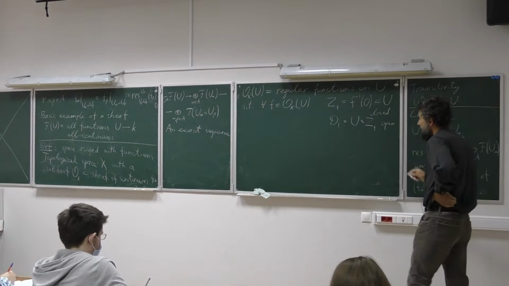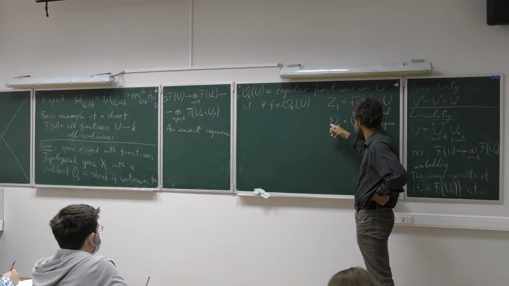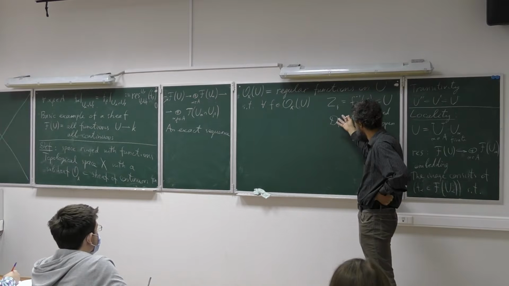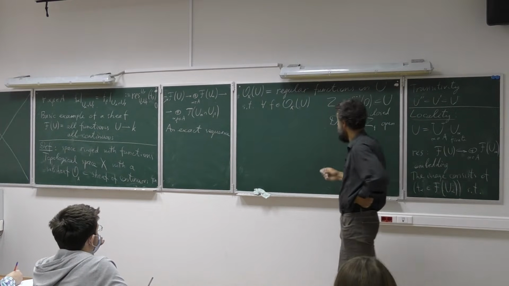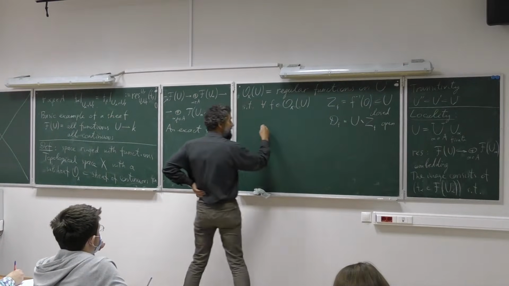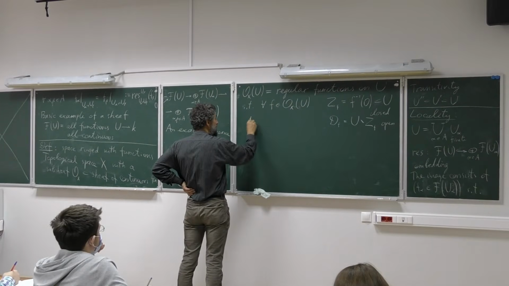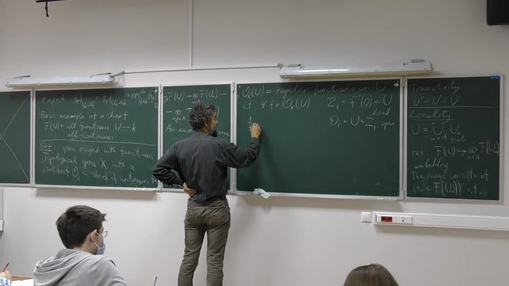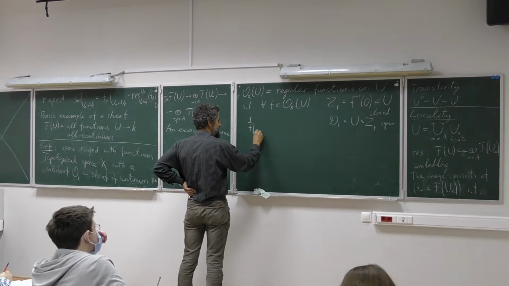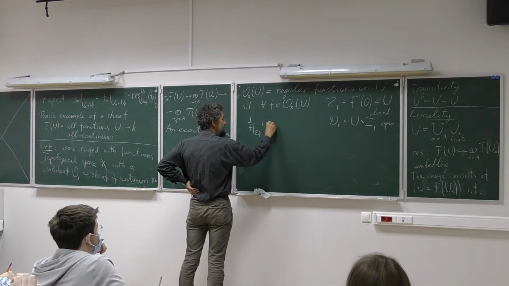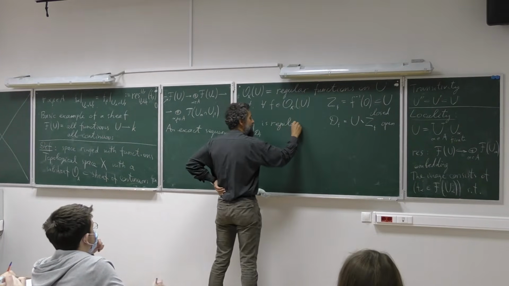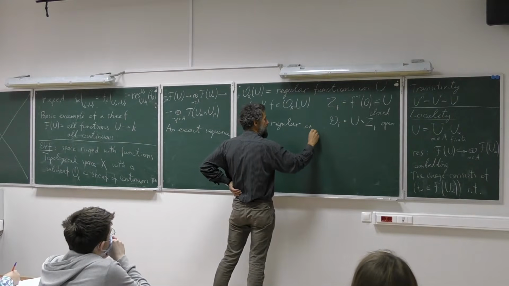In particular, it's equipped with its own space of regular functions. Then the condition is that 1 over f restricted to D(f) is regular on D(f).